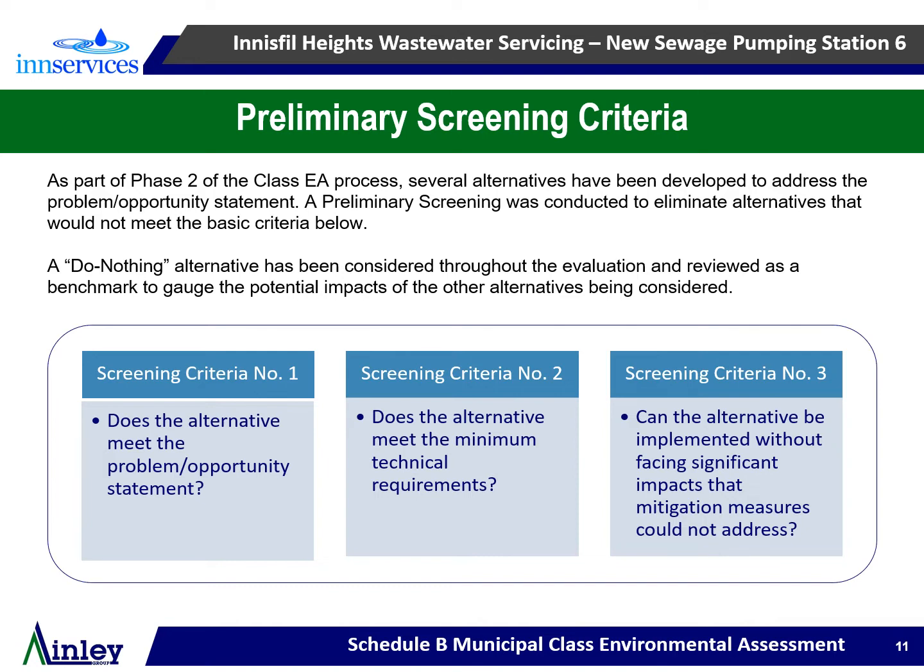Does the alternative meet the minimum technical requirements? And 3. Can the alternative be implemented without facing significant impacts that mitigation measures could not address? A do-nothing alternative was also considered throughout the evaluation as a benchmark to gauge the potential impacts of the other alternatives being considered.